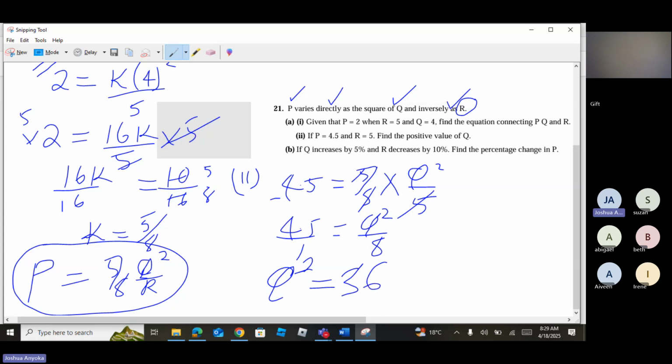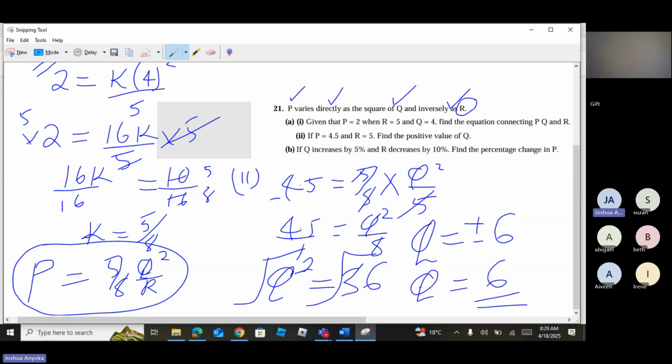So Q is equal to, find the square root of both sides, plus or minus 6. So the positive value of Q is 6. You must isolate and say, because we are asked to find the positive value, because we know that the square root of a number is plus or minus.